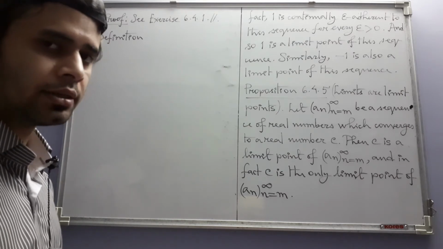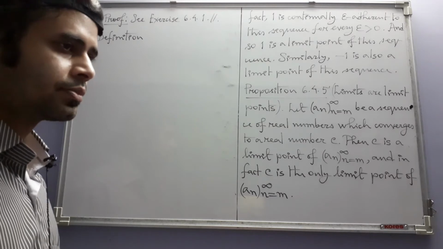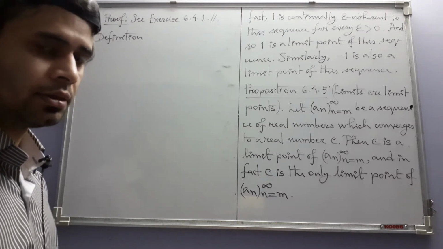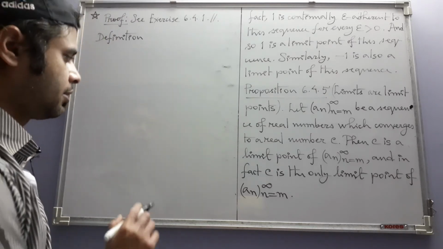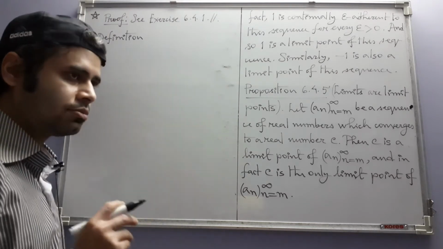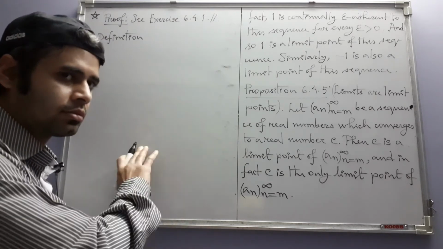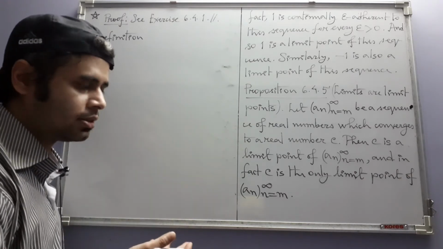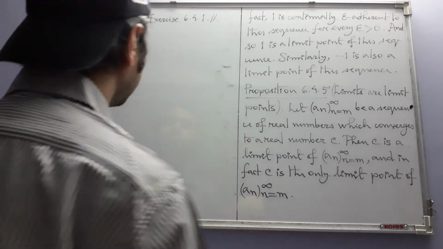More specifically, they will help us prove that every Cauchy sequence of real numbers is convergent. The converse we have already seen, and it's not that difficult, that every convergent sequence of real numbers is Cauchy, but the other statement, that every Cauchy sequence of real numbers is convergent, we will prove using these tools.